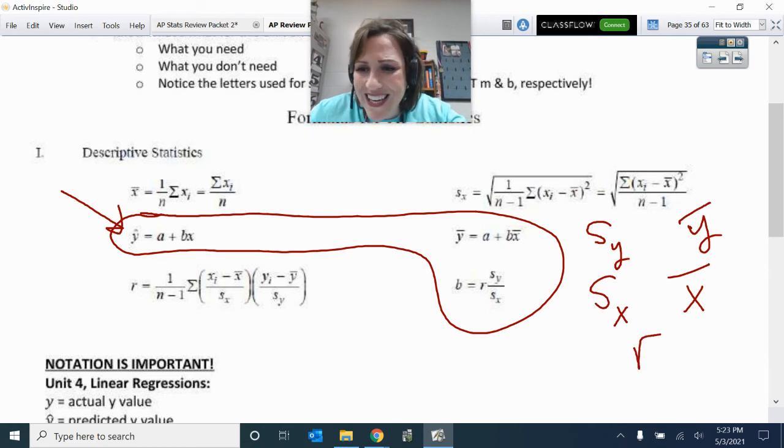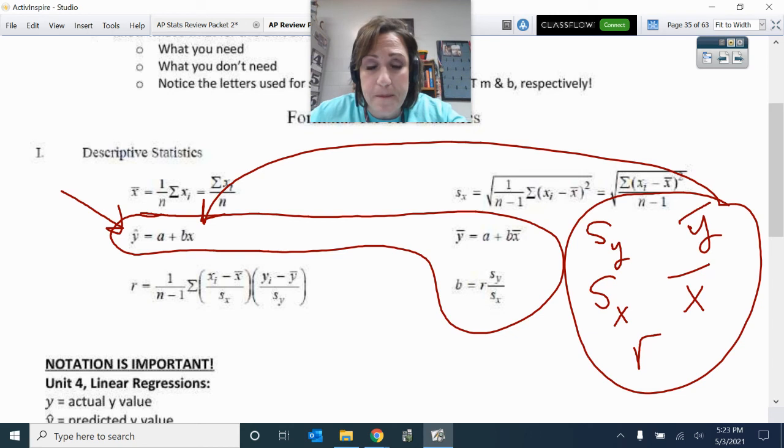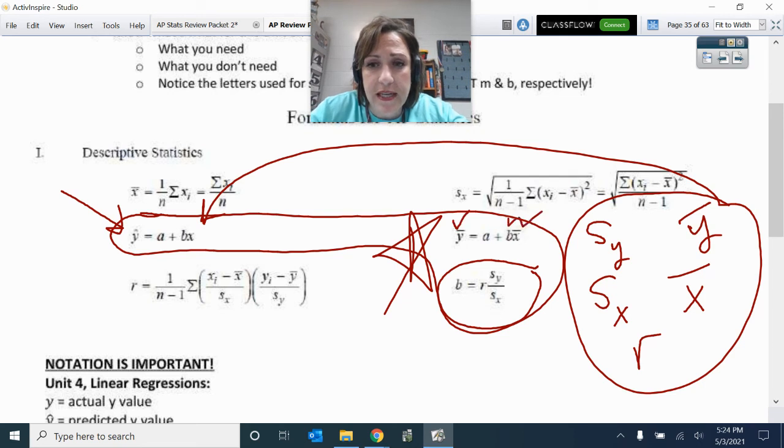So they would give you these 5 summary statistics and ask you to use these 5 things to come up with an equation of the line. Well, that's when you use this here. So you're going to then first find the slope and then go plug in 3 things to then solve for the y-intercept.